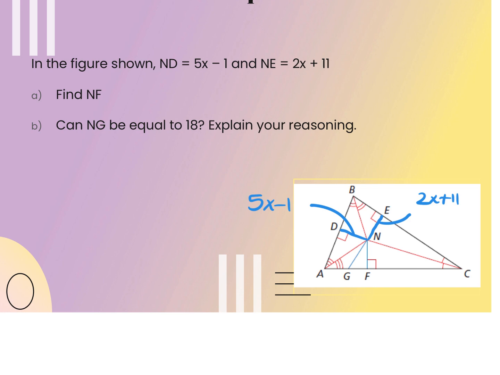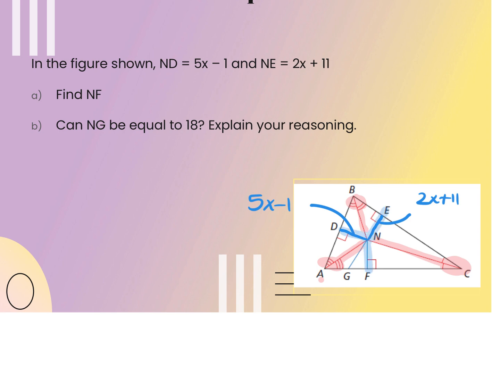Notice all of the red lines in this picture. These are all my angle bisectors. And we can tell that they're angle bisectors because of the congruency marks at each of the vertices. They have split angles A, B, and C into two congruent pieces. So all of the red are the angle bisectors. All of the blue are the equidistant segments.